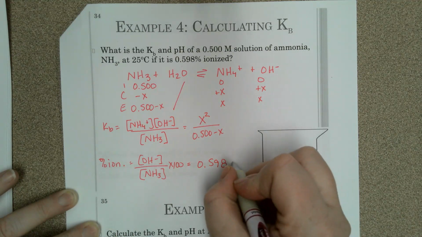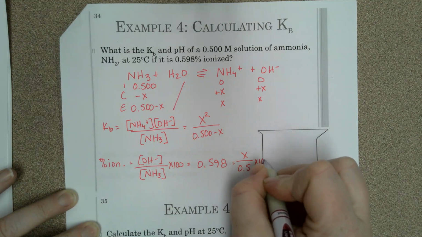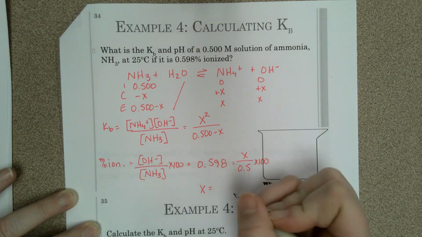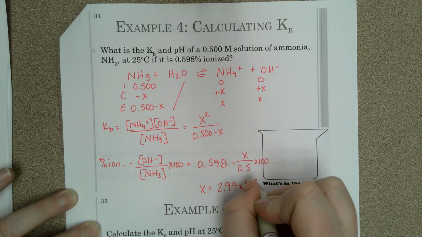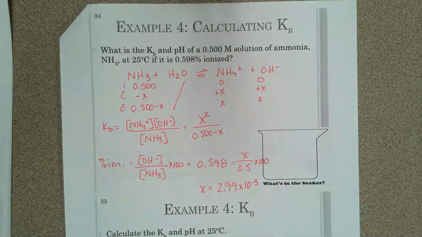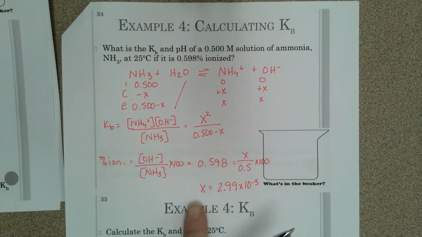This is going to be equal to x over 0.5 times 100. And then you can solve for x, and you end up with 2.99 times 10 to the negative third. And I'm going to double check that and make sure that math is correct. Not that I doubt Miss Baker, but just want to double check. Okay, so that's our x value.